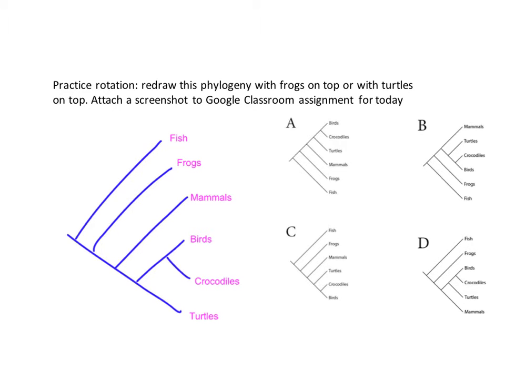So one more example, student submissions. How does this work for you? Which of the four phylogenies on the right does this one look most like?